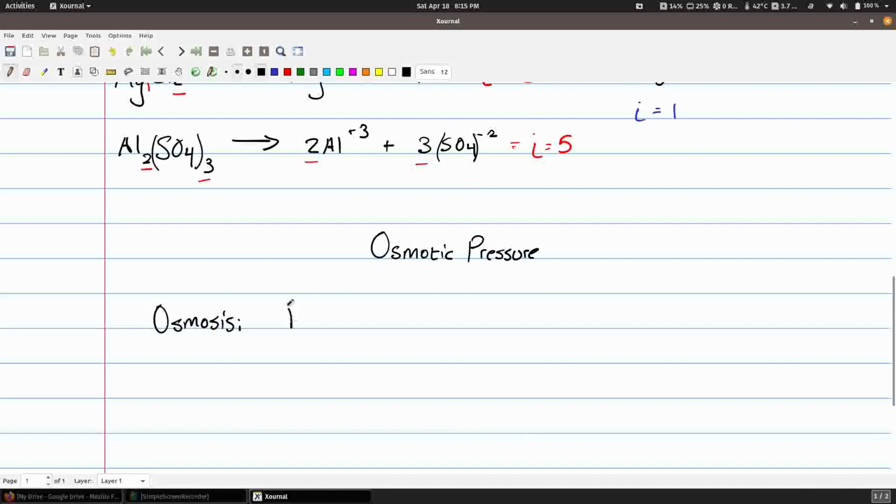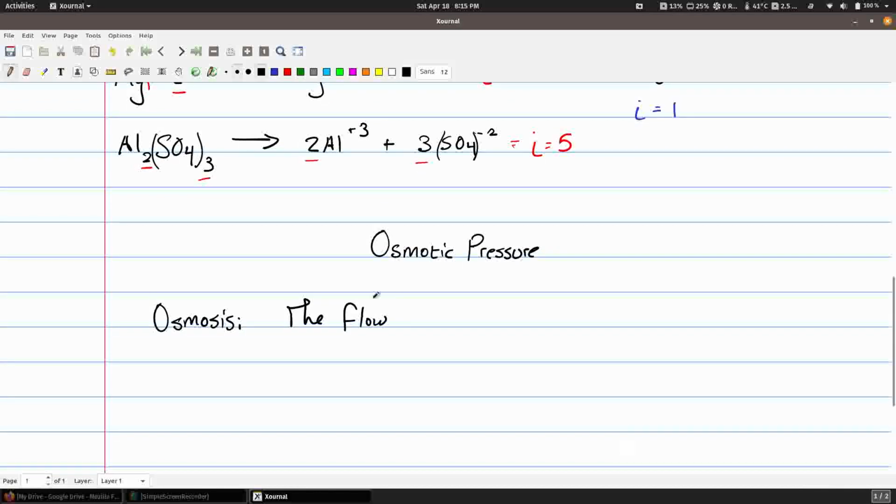So we have the flow of a solvent between solutions separated by a semi-permeable membrane.